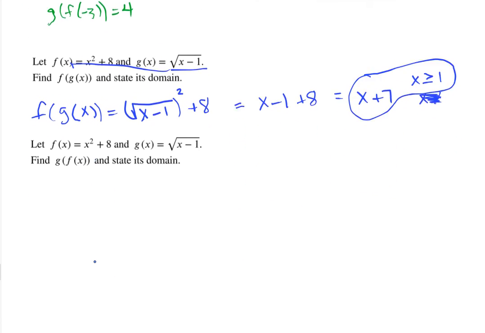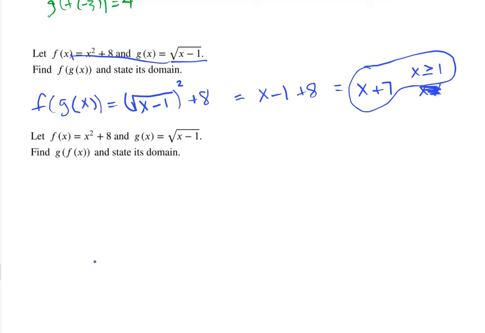All right, last one on this page that I have, we're going to do g of f of x. So this time I'm going to put the f function inside the g function. And so it's going to look a little bit like this.